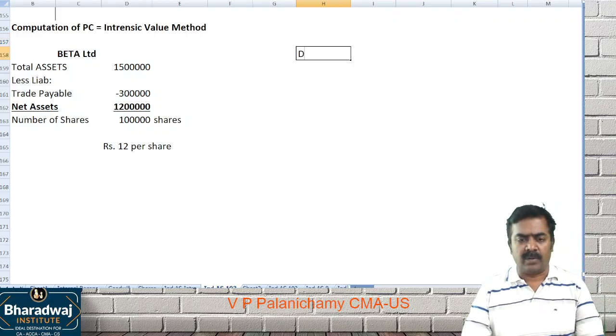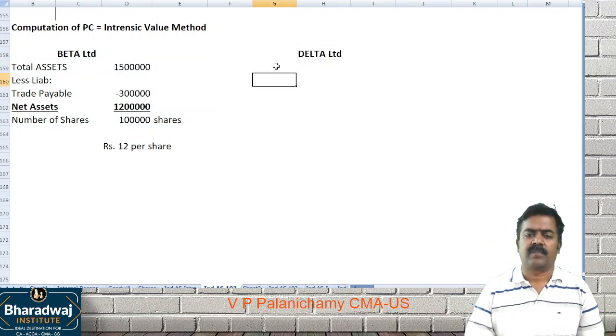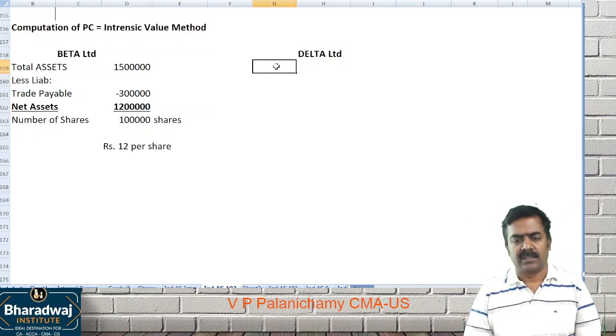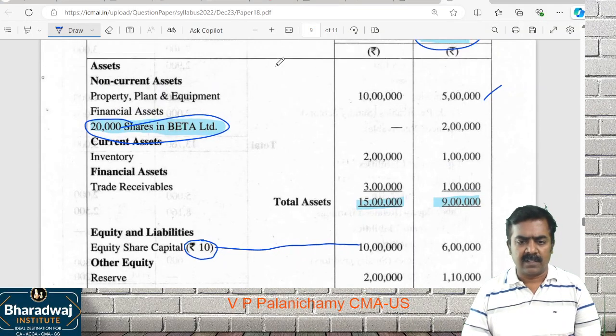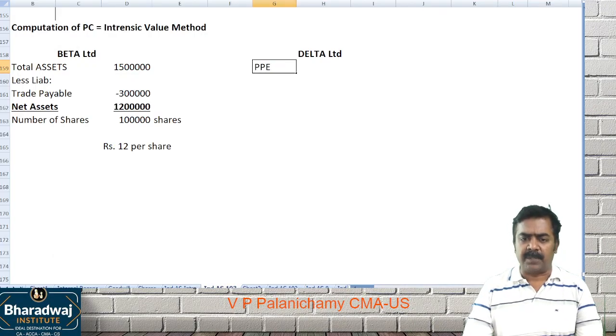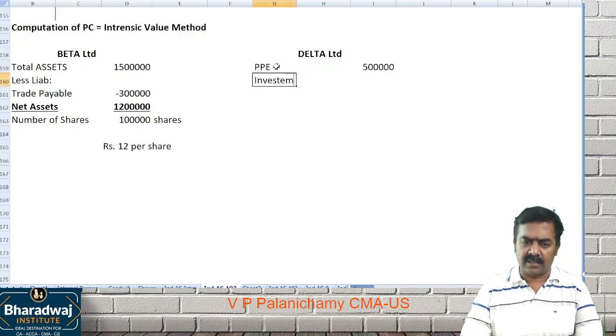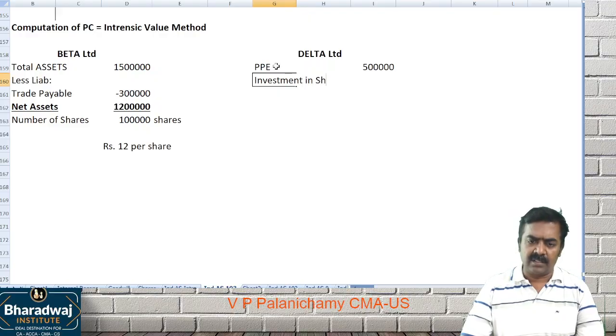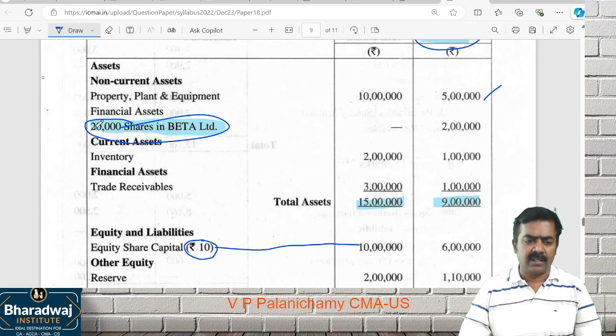Now, while working out Delta Limited, you have to be very careful. Why? PPE, plant property equipment, is 5 lakhs. Investment in shares of Beta: how many shares are they holding? 20,000. Will we take 2 lakhs value?